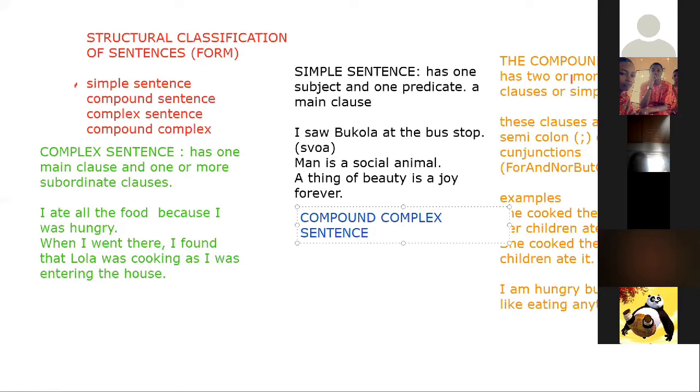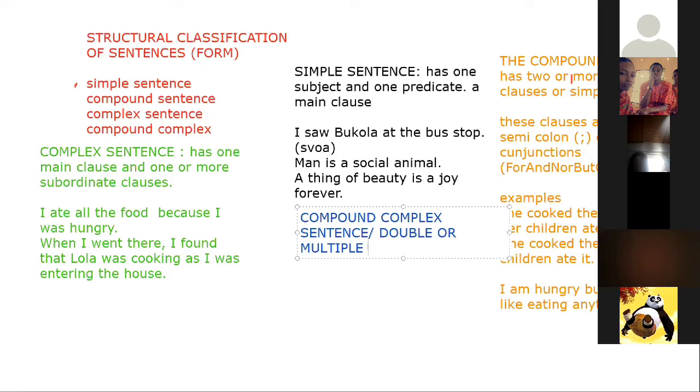I hope you can all see what I'm typing. You can call it a double sentence, or you can call it a multiple sentence.